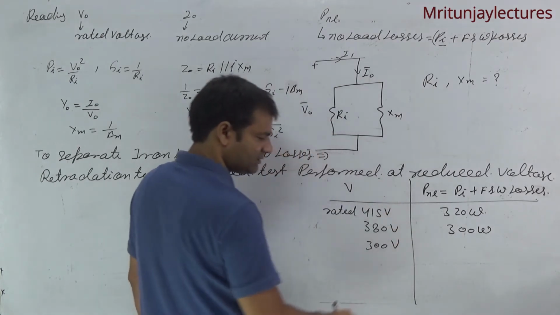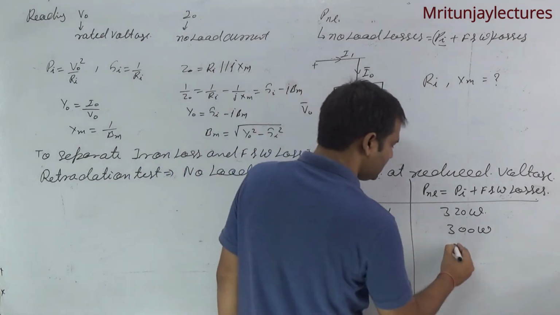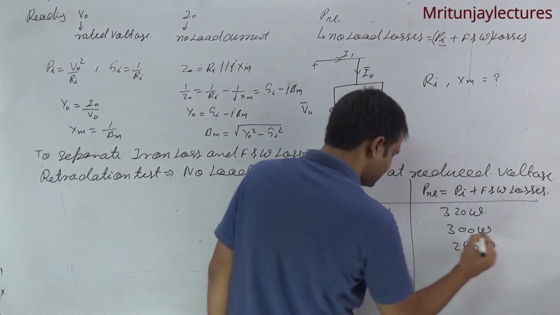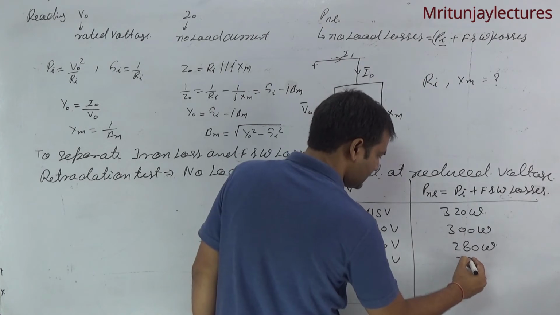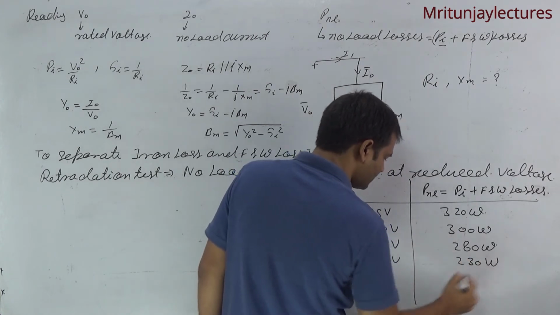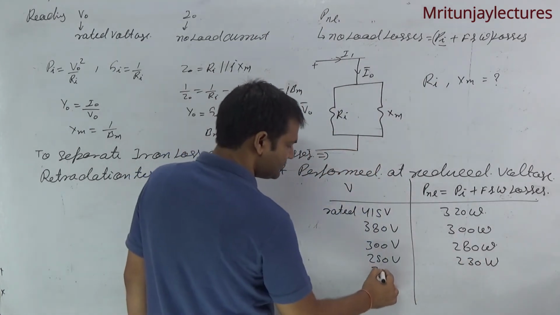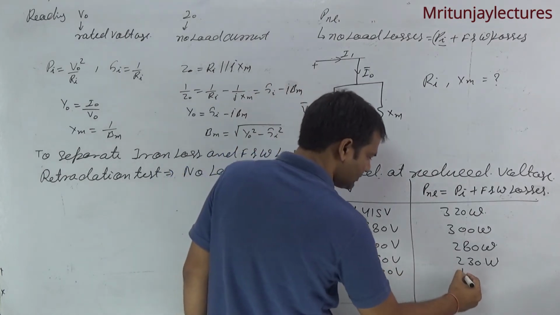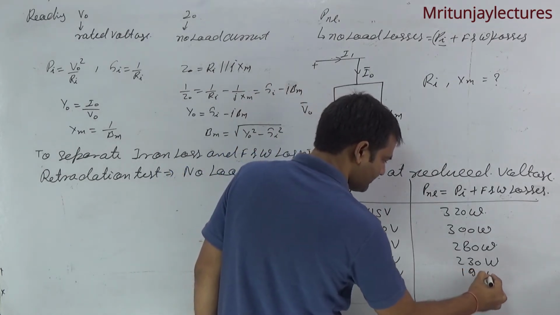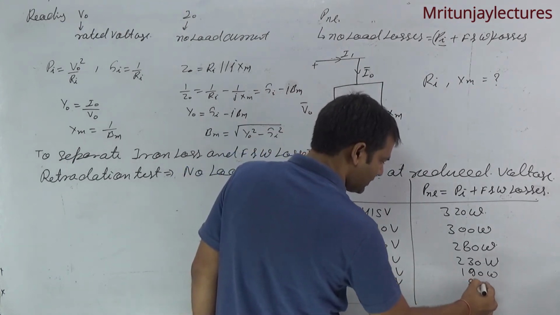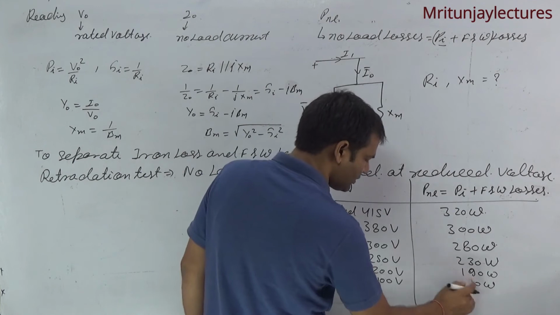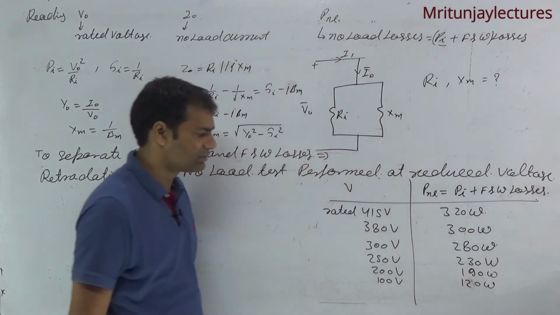If the voltage is again reducing, suppose 230 volt, 30 watt, suppose 200 volt and that is 190 watt, suppose 100 volt we got 120 watt, like this one.